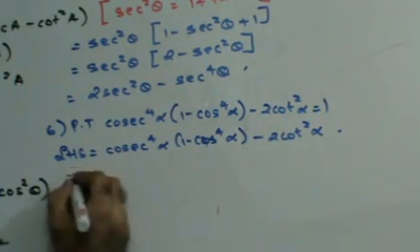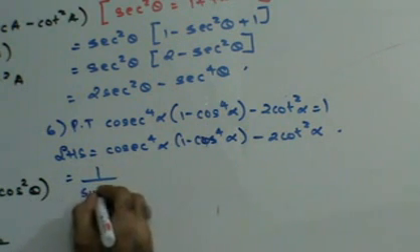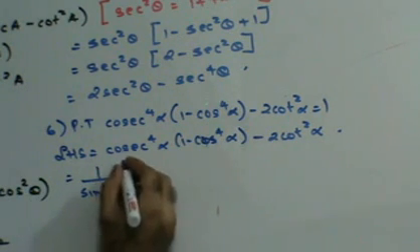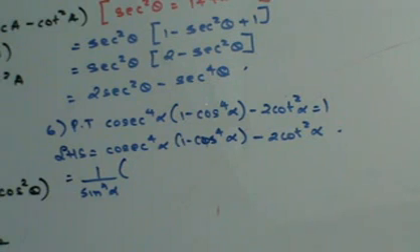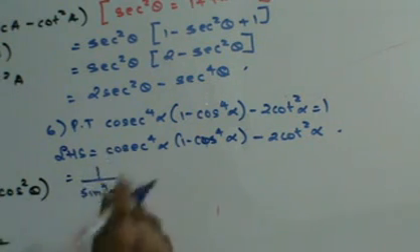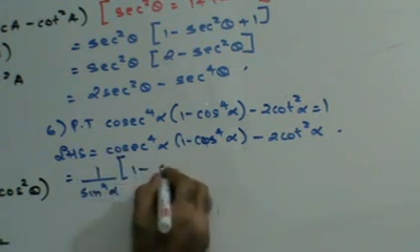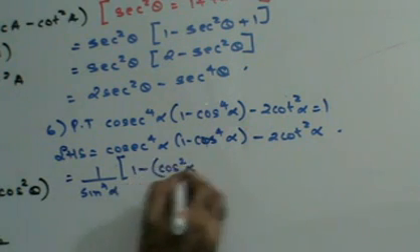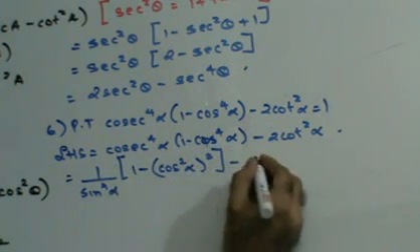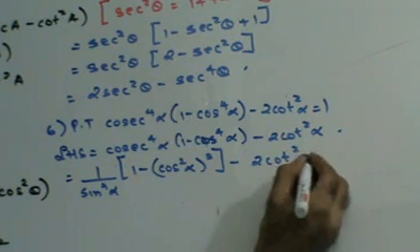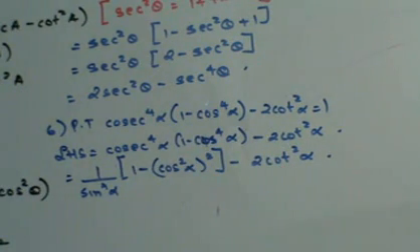Now cosec^4 alpha can be written as 1 upon sin^4 alpha. 1 minus cos^4 alpha, guys, can be written as 1 minus cos^2 alpha the whole squared, minus 2 cot^2 alpha. 1 can be written as 1 squared.